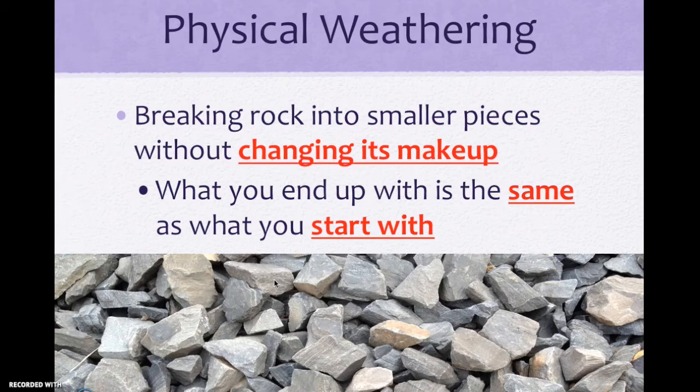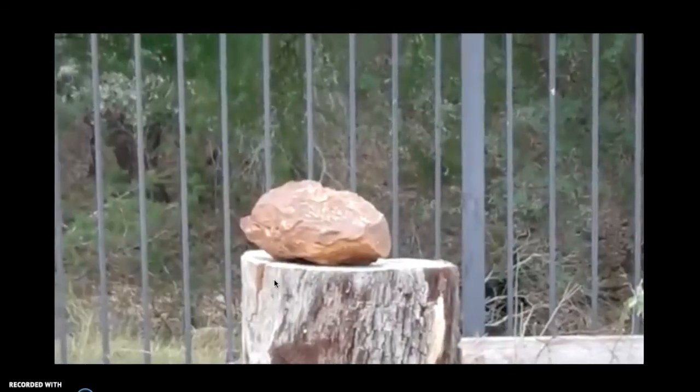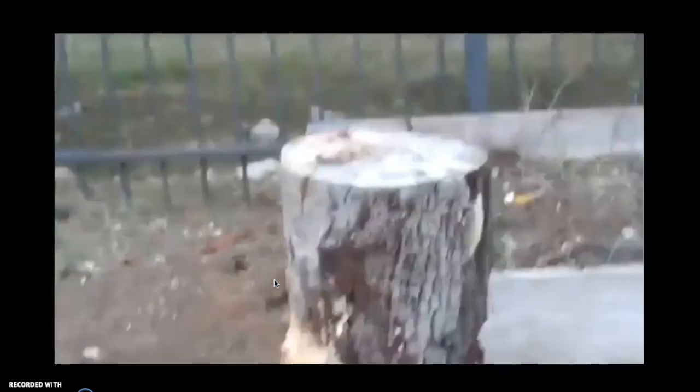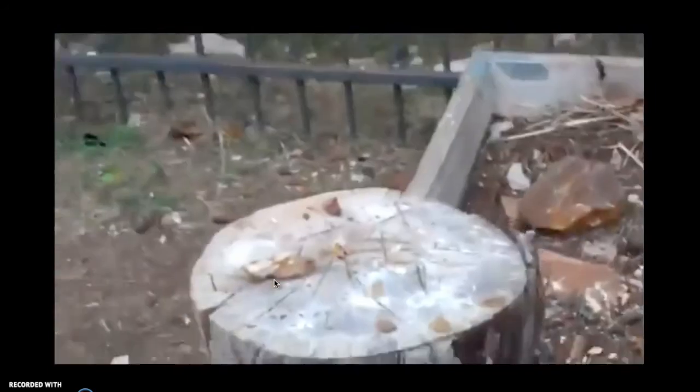Because what you end up with is the same rock that you start with. Beginning and end are the same. Okay? So, for example, in this video, X smashes a rock, the rock is in two pieces, still the same rock, just now we've got more rock in smaller bits.